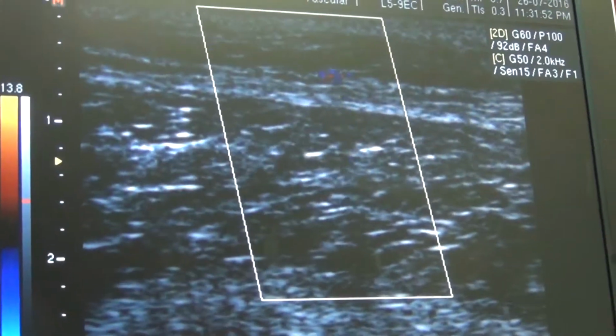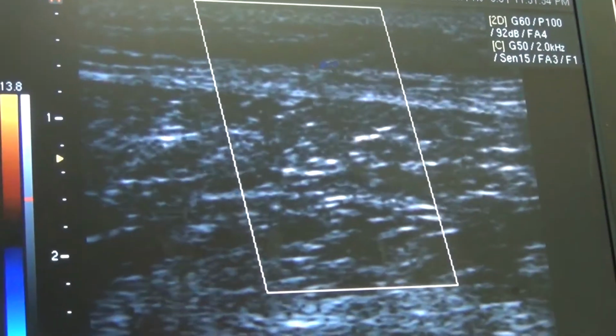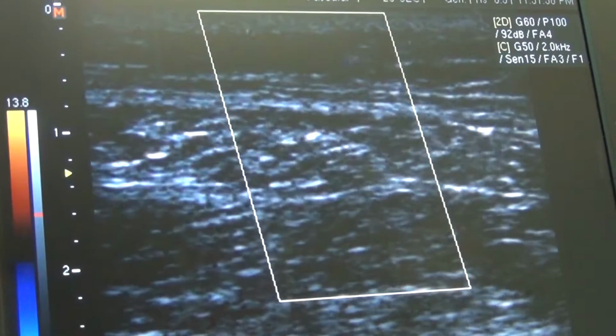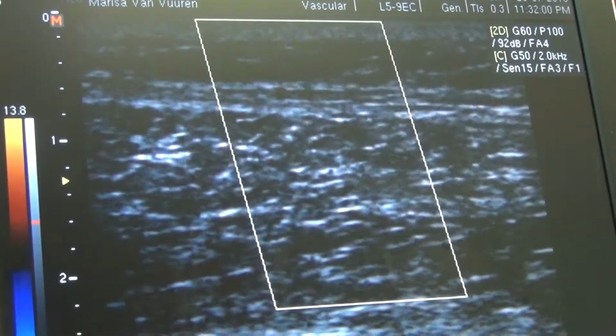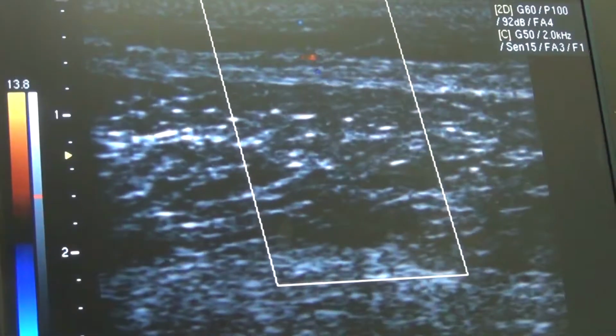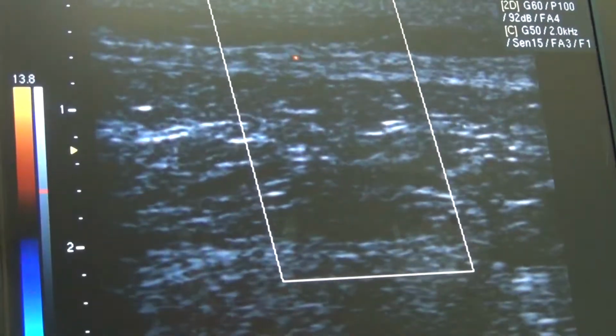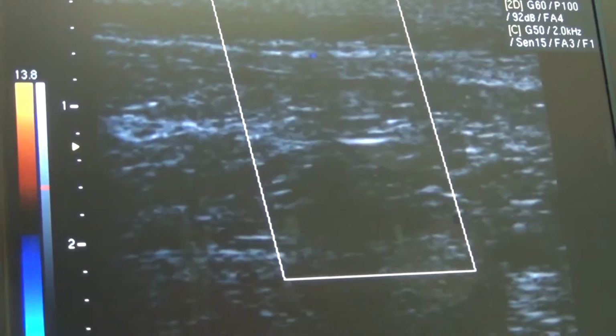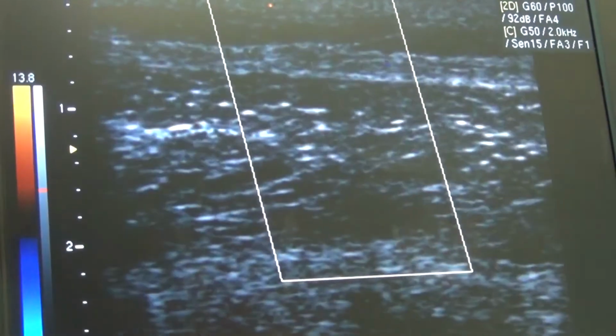But the flow rate is pushing past. The flow from the arteriole is still pushing into the saphenous vein. So these signs taken all together left little doubt that we have an arteriovenous anomaly in this area, and we're trying to close the venous component without touching the arteriole.